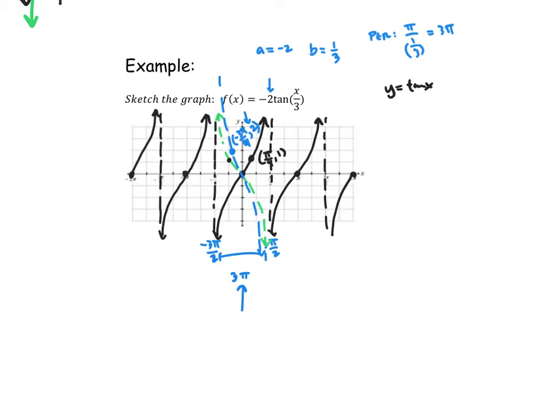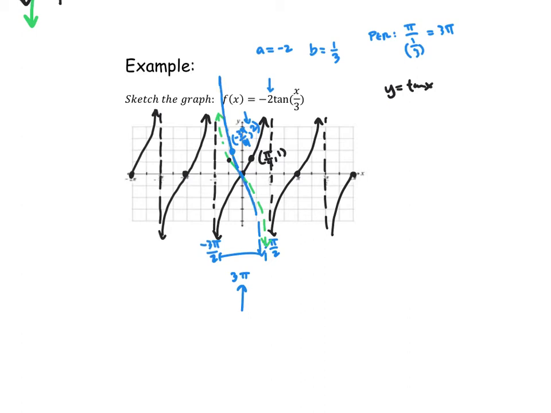Okay, it used to be down here, this was the point negative pi over 4, negative 1, but now we've stretched it horizontally by 3, so that'll be a negative 3 pi over 4, and then we've multiplied it by negative 2, which would make a negative 1 a positive 2.